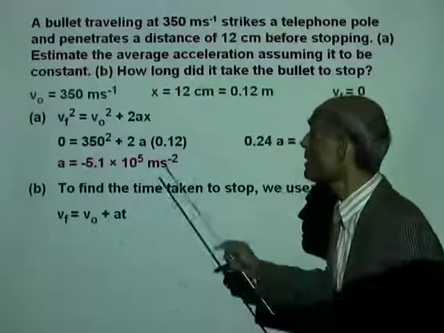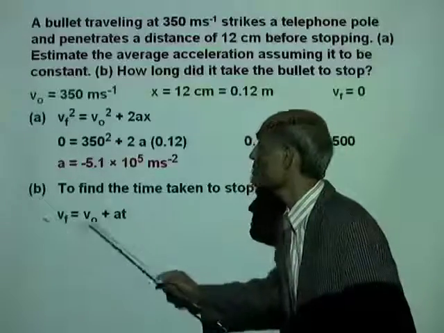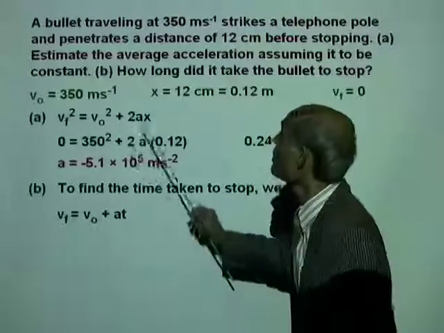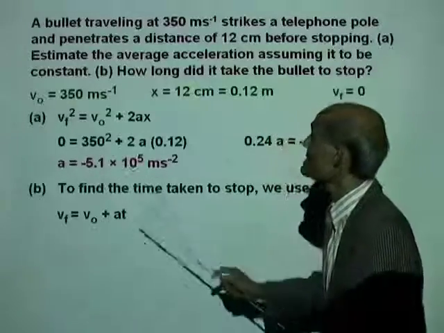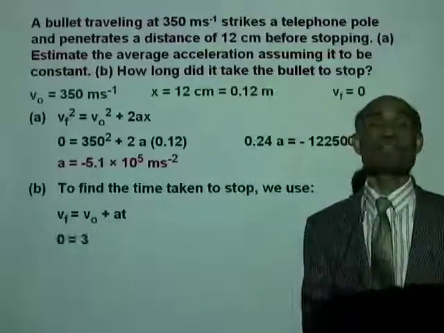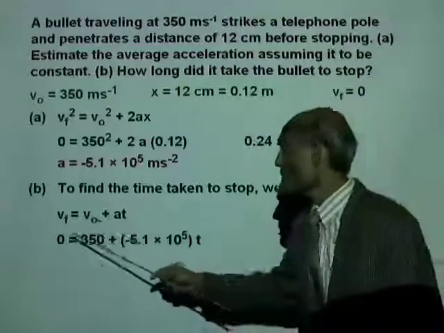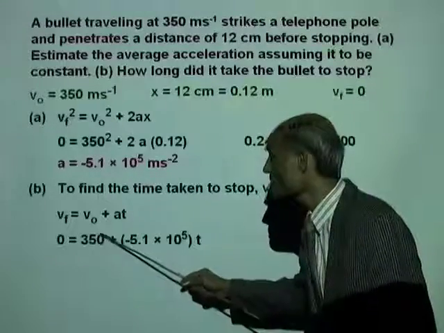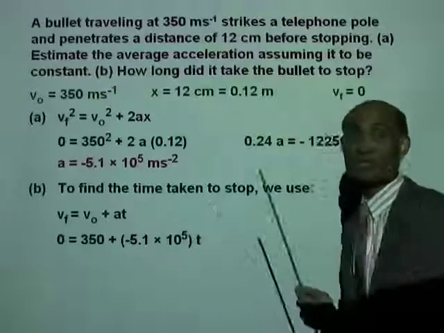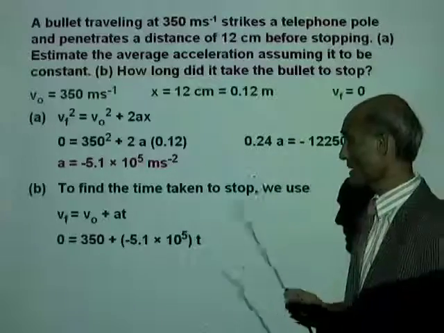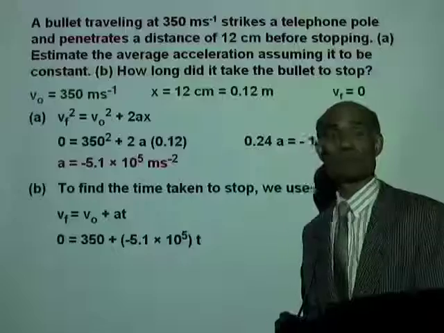Yes. And we know all these values. Vf is 0, V0 is this, a we just calculated, we can therefore find time. So 0 equal to 350 plus a times t. Can you calculate that time?